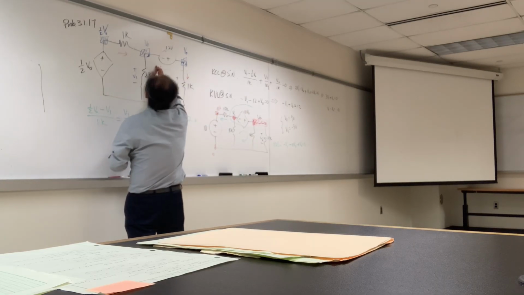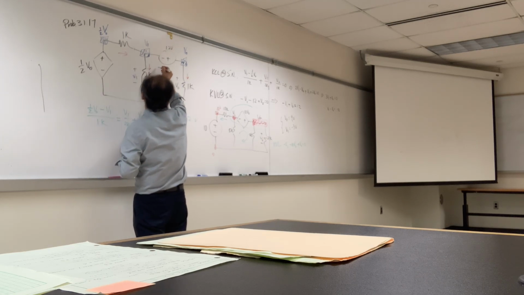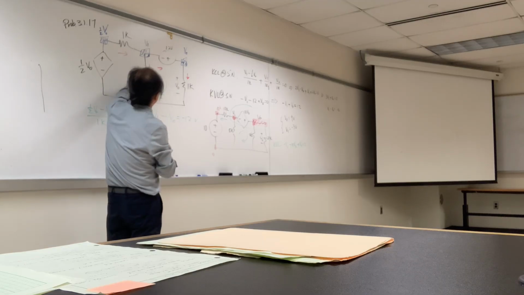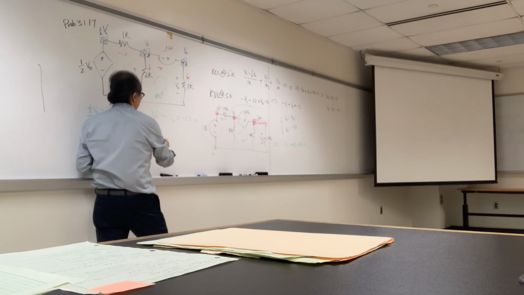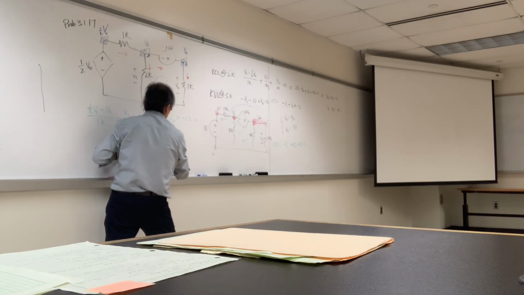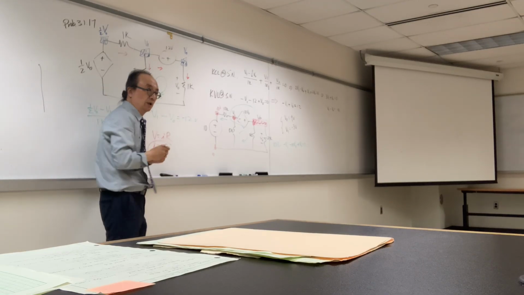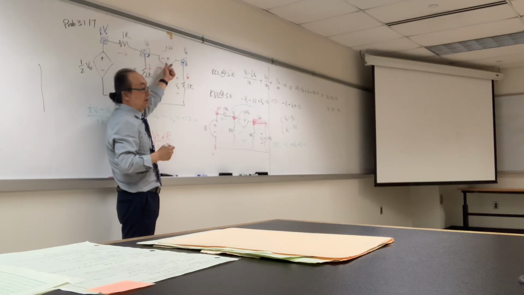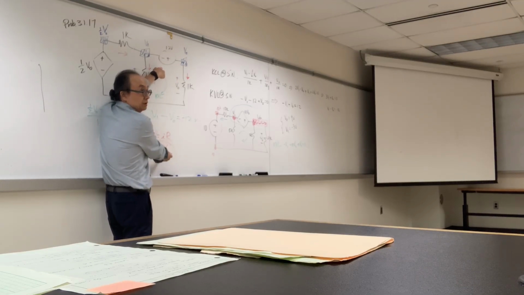Why is that? We're doing the nodal analysis, so we assign the direction of the current. Now, this current is going to be V1 over 2K, because V equals IR, so I equals V over R. We are using this relationship, V over R. But for the current going through this 12 volts, there's no resistance, right?